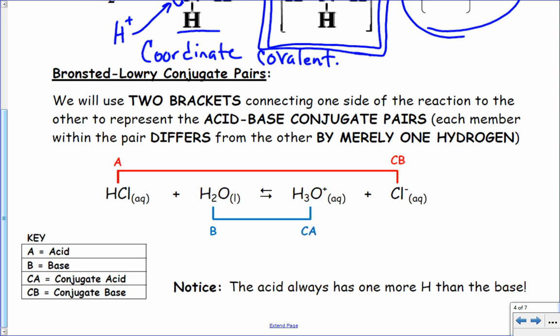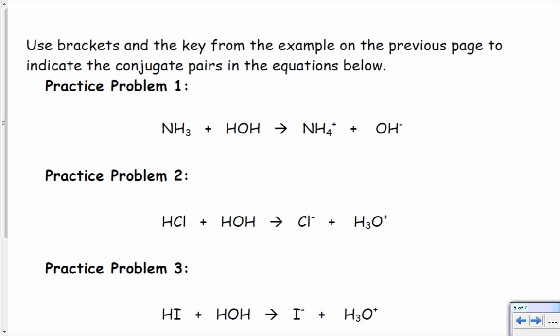So if I lose a hydrogen with HCl, I become Cl minus. So these 2 are pairs. The water here, H2O, has gained the H. So these 2 are conjugate. This is the base with its conjugate acid. This is the acid with its conjugate base. And that's how that works. They're always a pair. There's like an equal and opposite always with this whole acid-base thing.